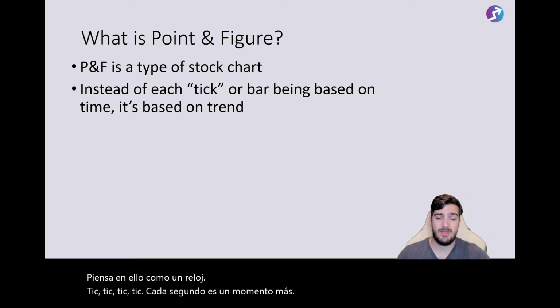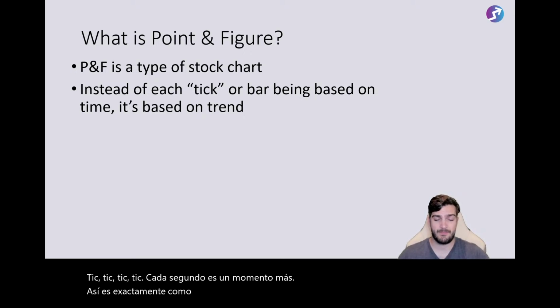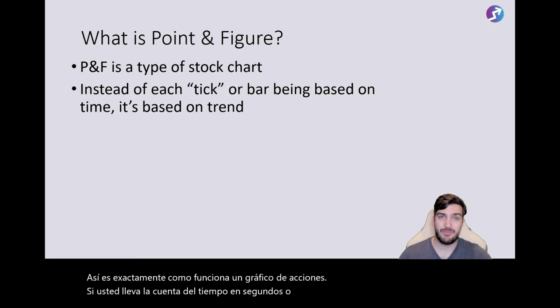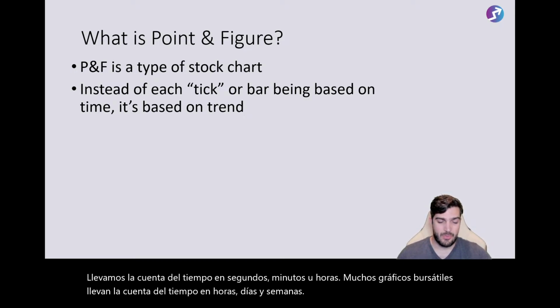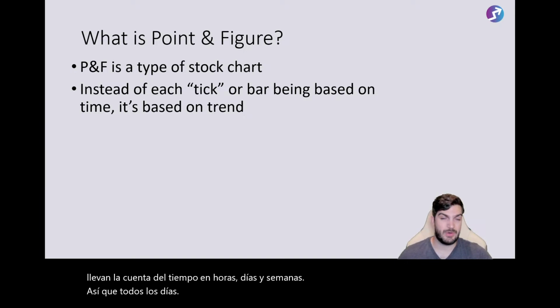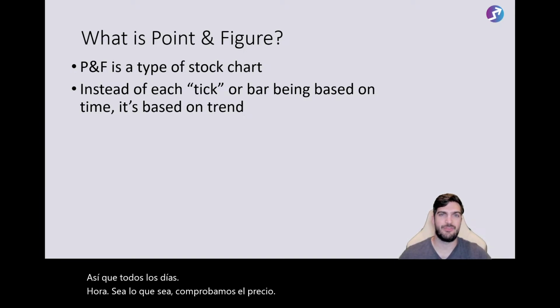That is exactly how a stock chart works. You keep track of time in seconds or minutes or hours. Many stock charts keep track of time in hours, days, weeks. So every single day, hour, whatever it is, we check the price and add the price to that chart.